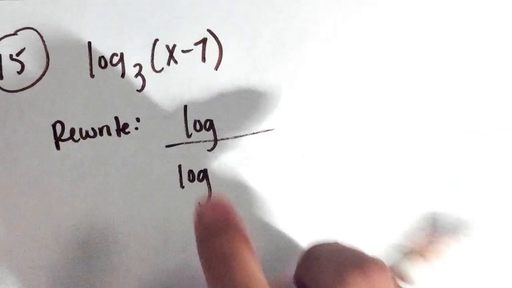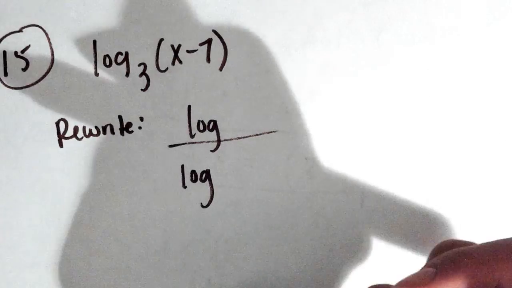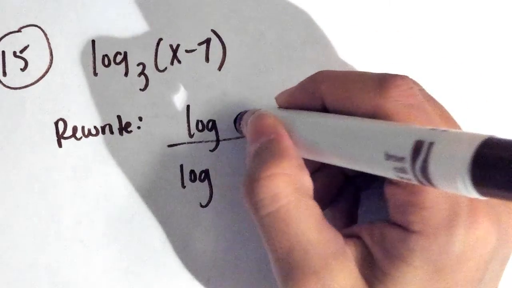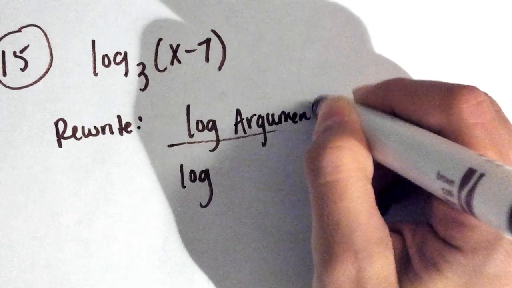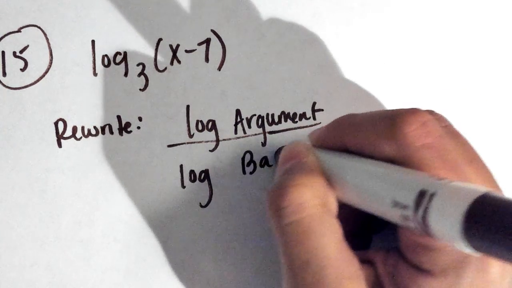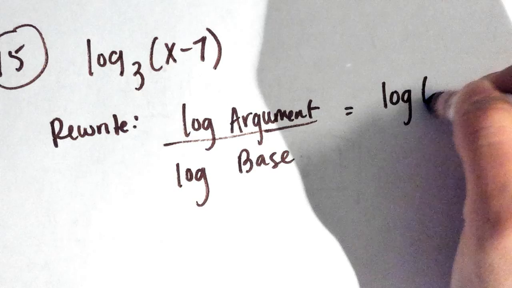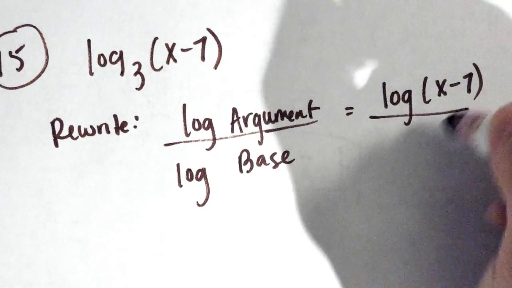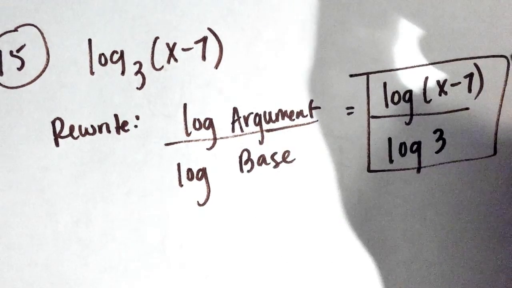It's really base 10, but you don't see it, right? It's understood as 10 because it's a common logarithm. Now this is your argument. And here's your base when you rewrite. So my argument is x minus 7, so this is going to be log of x minus 7 divided by log of 3. That's your final answer when you rewrite.